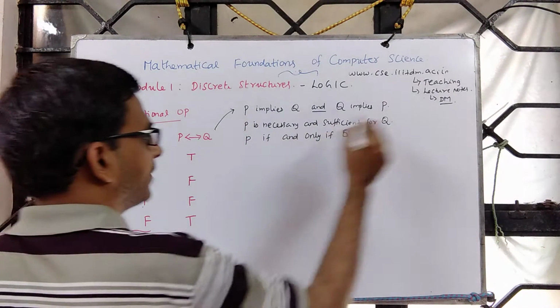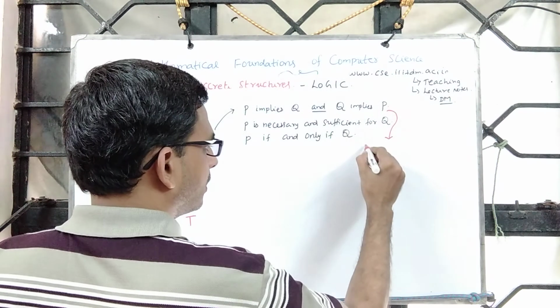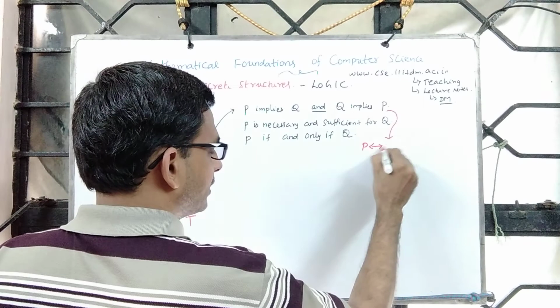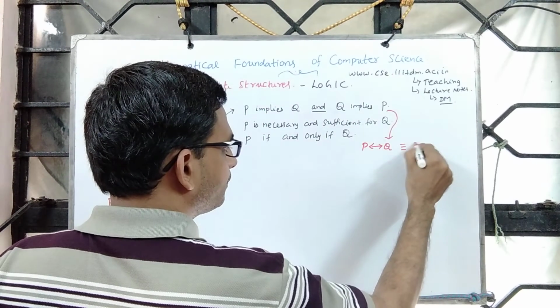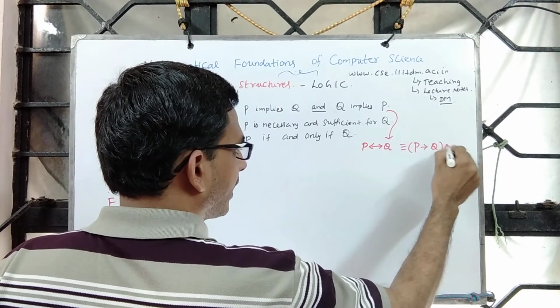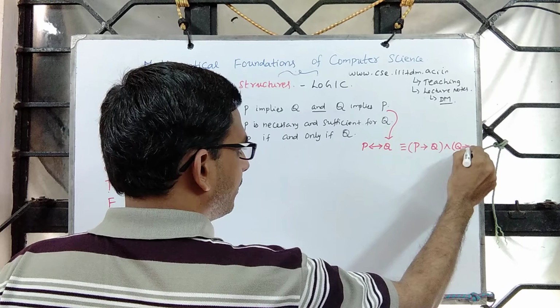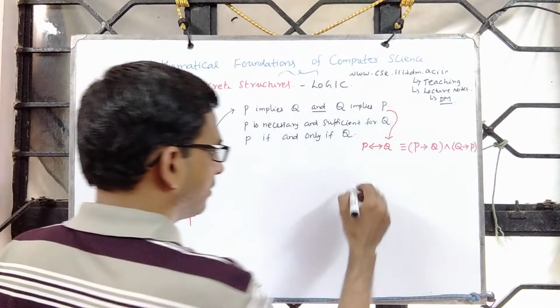Let's look at the first statement. The first statement says P biconditional Q is equivalent to P implies Q and Q implies P. Let's verify.